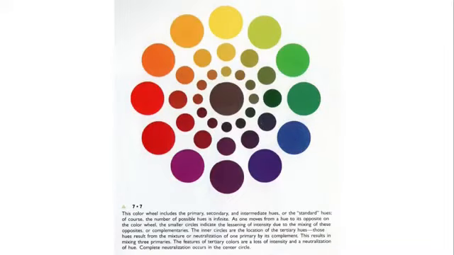In this example, you can see the primary, secondary, and intermediate hues. Basically, the color wheel is fleshed out, and as you get into the smaller inner circles, those tertiary hues are kind of neutralized as they go closer and closer to that center gray, which is completely neutralized.